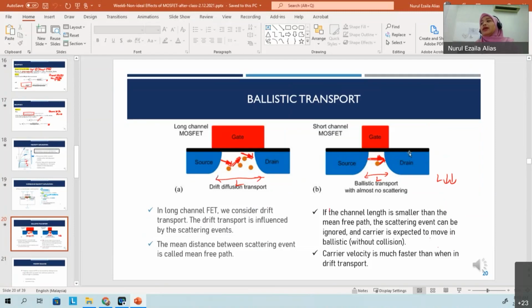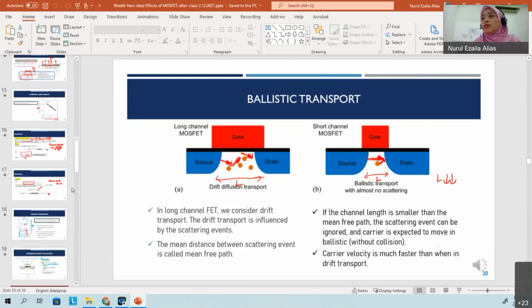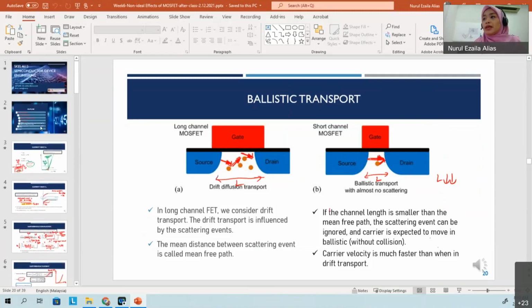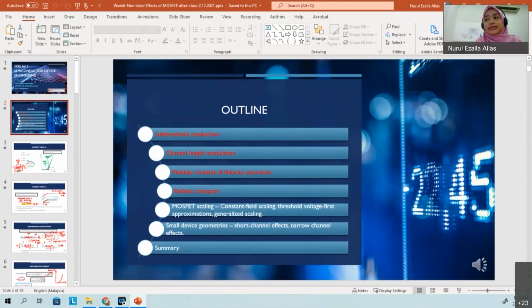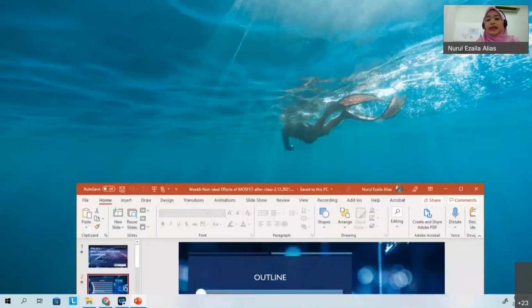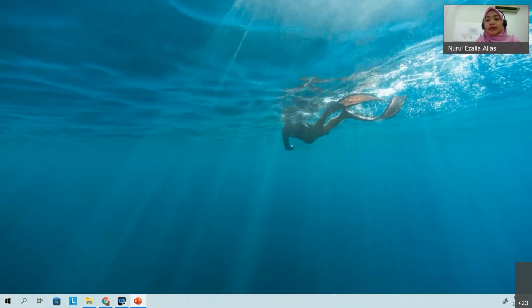All right, so today we will continue the topic of MOSFET scaling and also small device geometries, which will cover the short channel effect, narrow width effect, and also a summary.